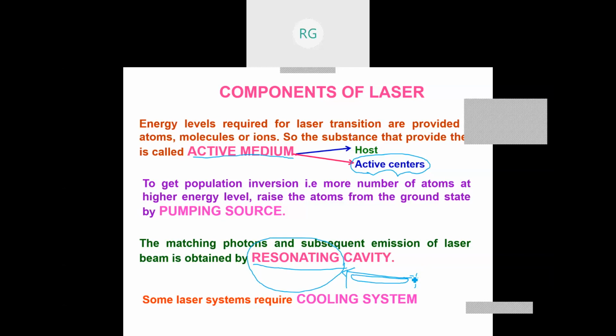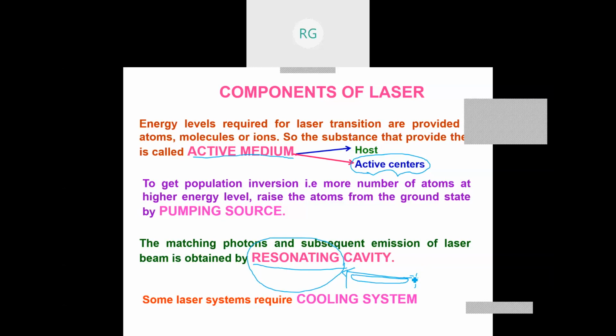So laser is a resonance phenomenon through which we get a coherent beam of light coming out of it. And in some systems, we require cooling. Why cooling? We have seen in the earlier slide that some transitions are non-radiative transitions which will give rise to heat.